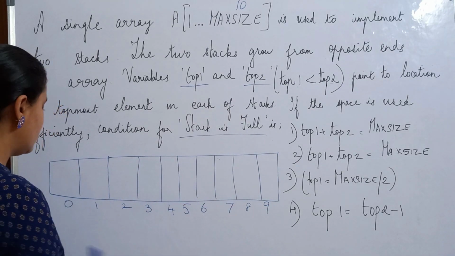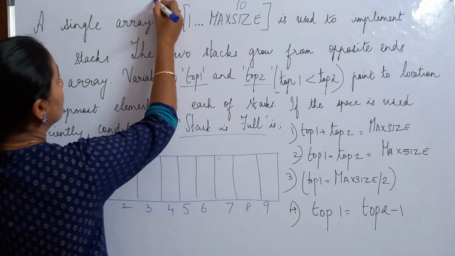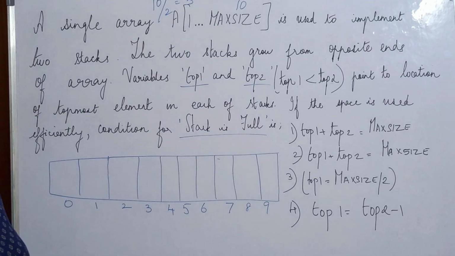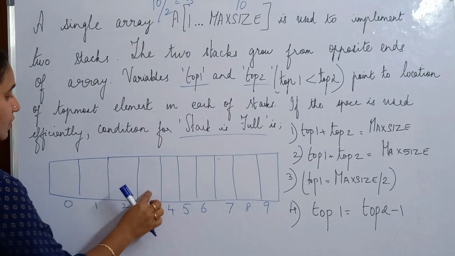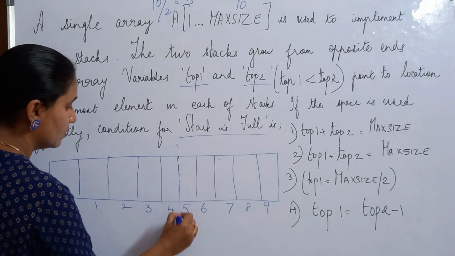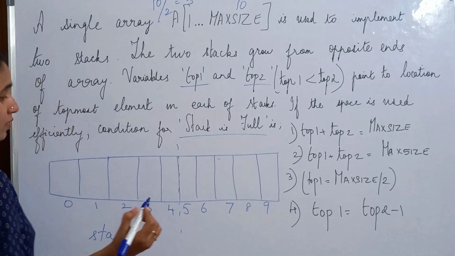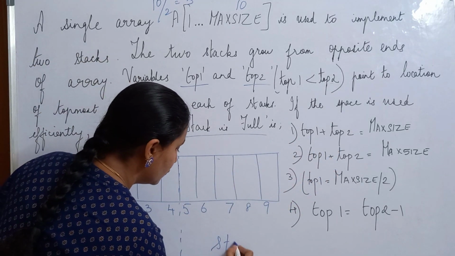We can do it because 10 elements have been given. 10 divided by 2 gives 5. So indices 0, 1, 2, 3, 4, up to here, belong to stack 1. Then the remaining equal half you give to stack 2.